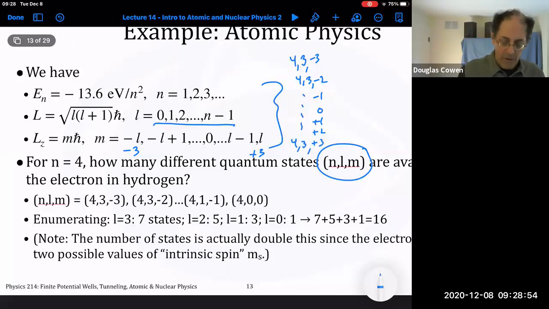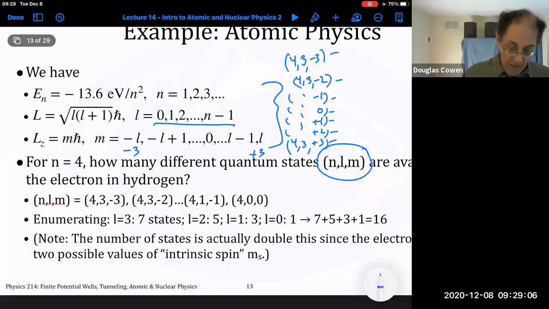So those are all the so-called triplets that you can have. And I haven't written all the numbers in here just to save some time. And you look at the total number, it's 1, 2, 3, 4, 5, 6, 7 of them. And you can keep doing that, but now we can set l equal to 2 instead of 3.